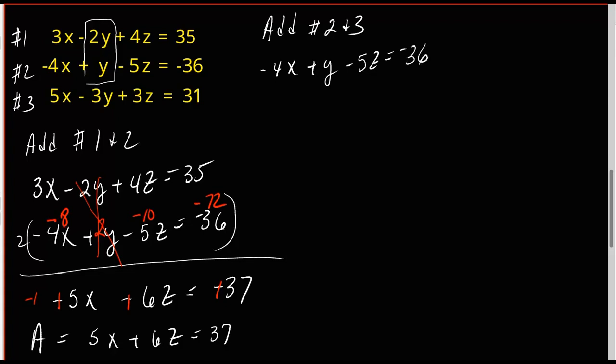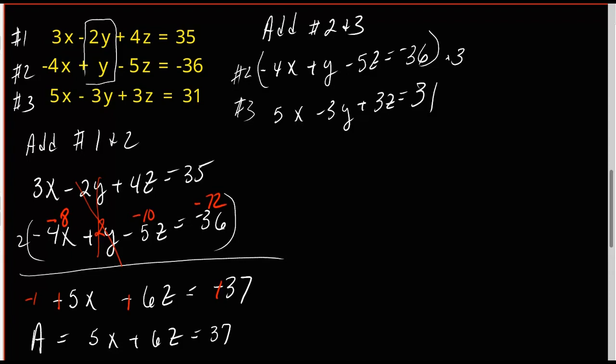And number 3 is 5x minus 3y plus 3z equals 31. So I'm going to multiply equation number 2 by 3.